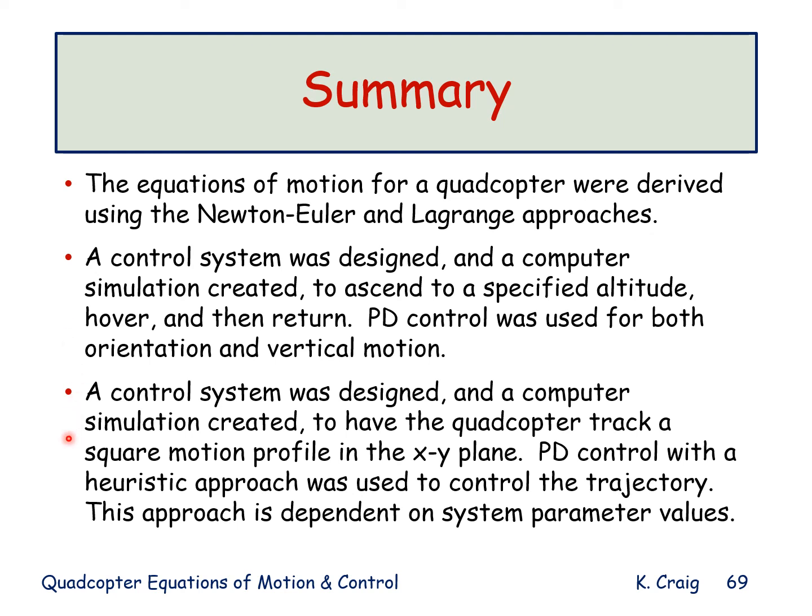A control system was designed and a computer simulation created to have the quadcopter track a square motion profile in the XY plane. Proportional derivative control with a heuristic approach was used to control the trajectory. This approach is dependent on system parameter values.